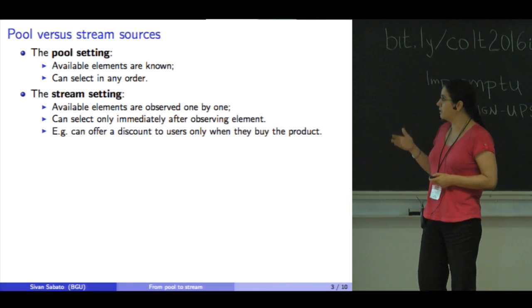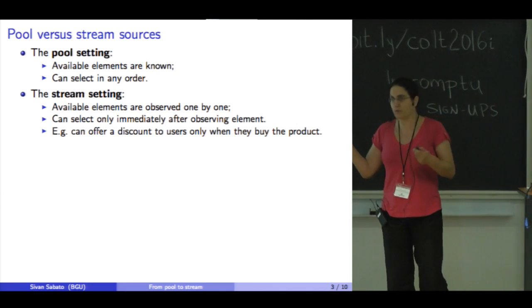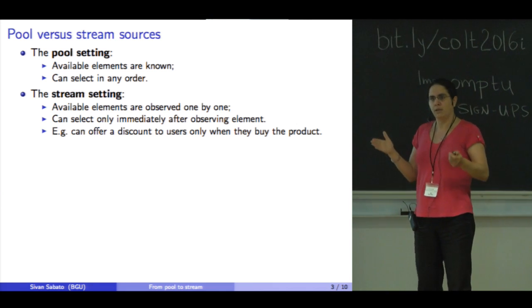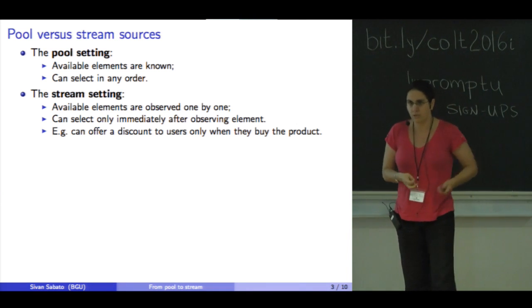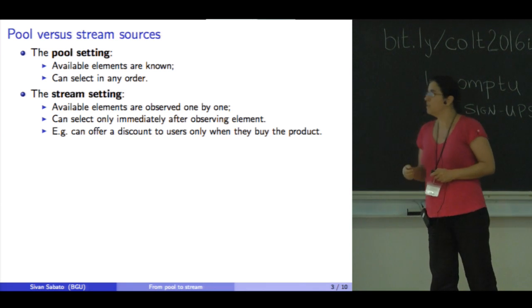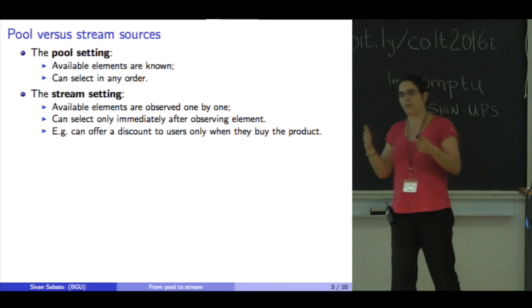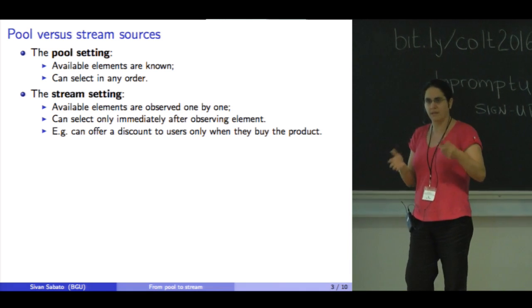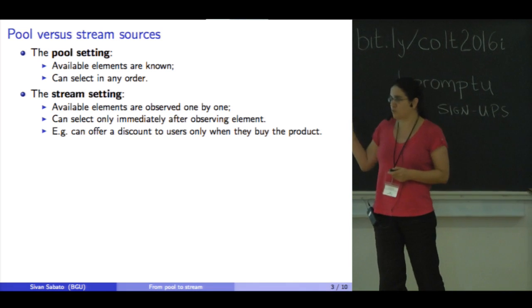In the stream setting, we assume that the available elements are observed one by one. So, for instance, you can think about maybe a website where users log in, buy something, then go out. So we see a user, they log in, they leave, and only when we observe them, we are allowed to select them. We cannot go back and select them later, only when we see them. So this is the stream setting.